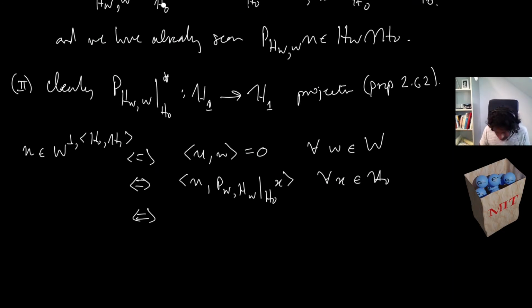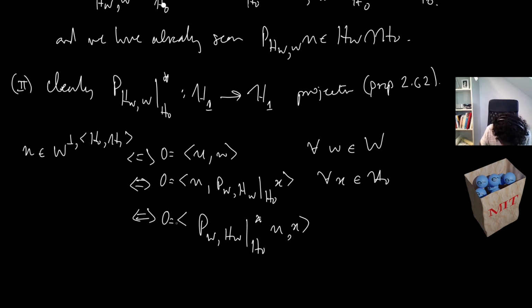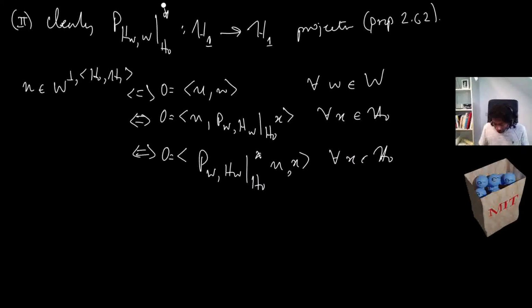So this happens if and only if now I can pull the adjoint across: (P_WHW restricted to H naught)star U, X is, sorry, I forgot the 0 here, I'll put the 0 on this side, 0 for all X in H naught. But H naught is dense in both these spaces.